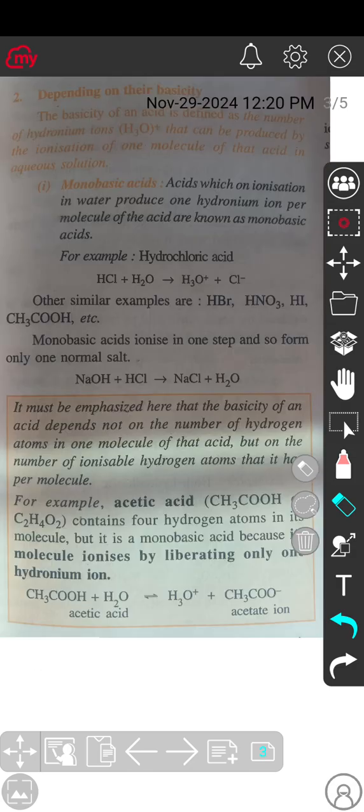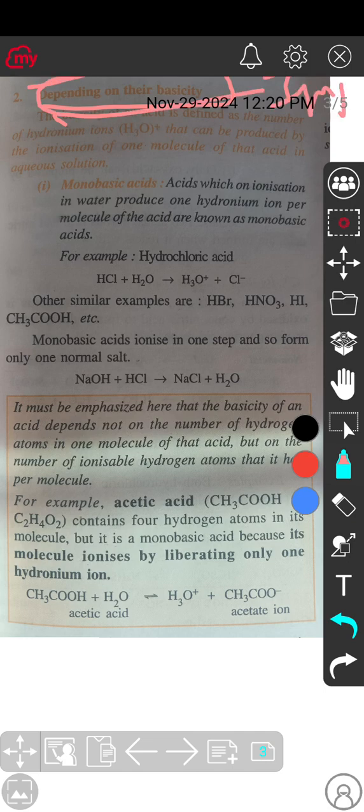Now, depending on their basicity, this is very important. First of all, what is basicity? Basicity of an acid is defined as the number of hydronium ions which can be produced per molecule of that acid by ionization.